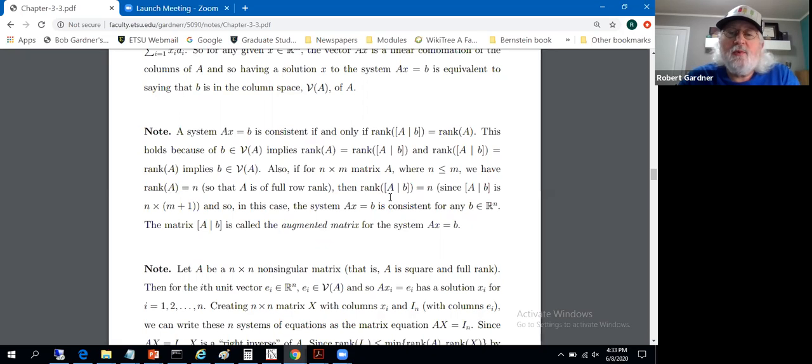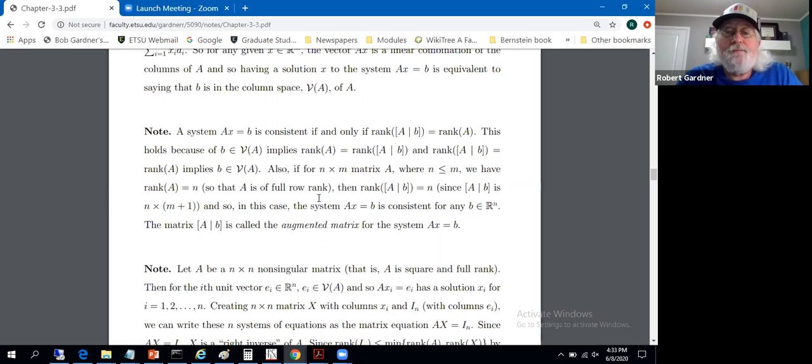And if we look at the rank of A augmented with B, okay, that's adding another column. There isn't room to add any more pivots, as it were. So that means the rank of A augmented with B must also be n. There's not room for any more pivots. If we've already got, say we take A and reduce it to row echelon form and look at pivots.